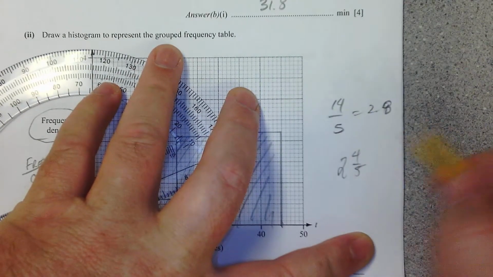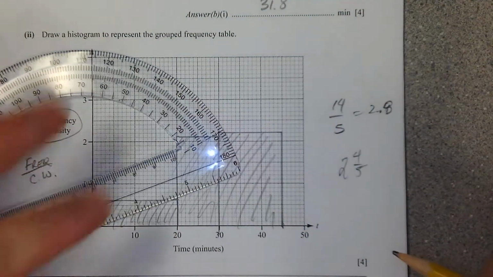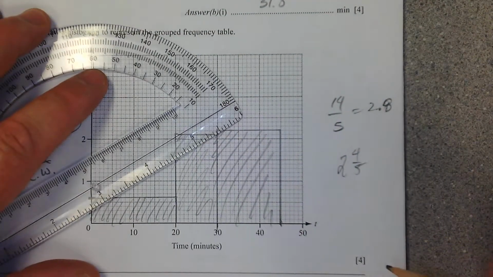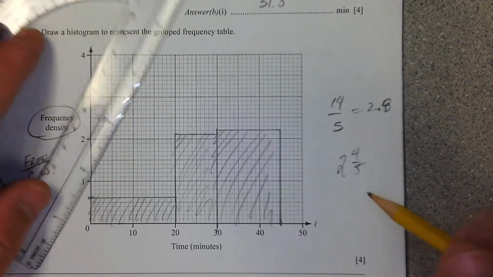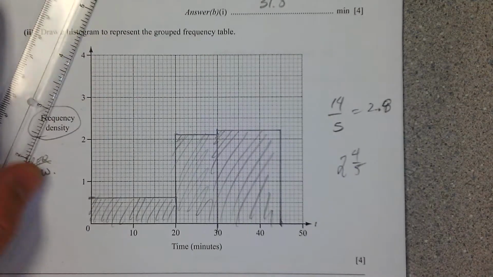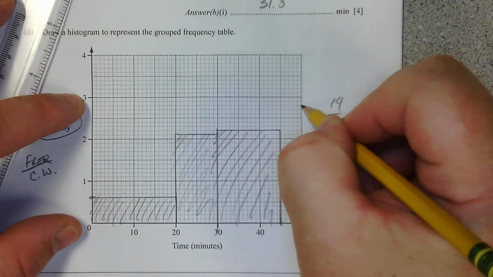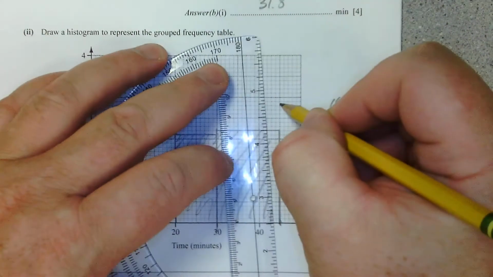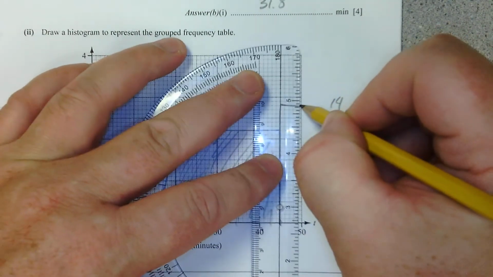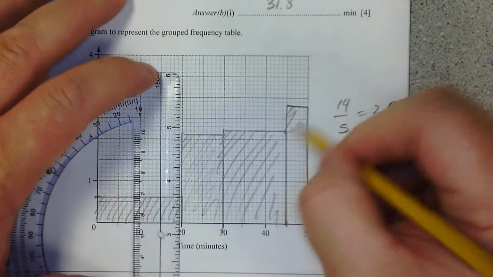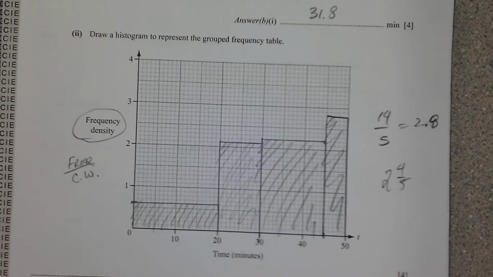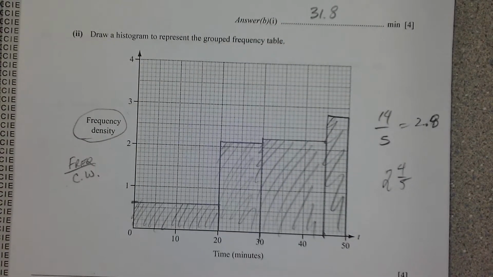That's where I did the point 4, but 4/5 is point 8. So 2.8. This is a weird frequency graph right here. So 2.8 would be this right here, and there we go. So there is our histogram right there.